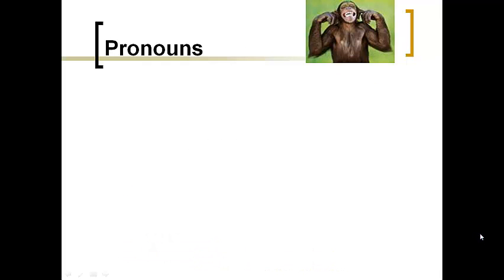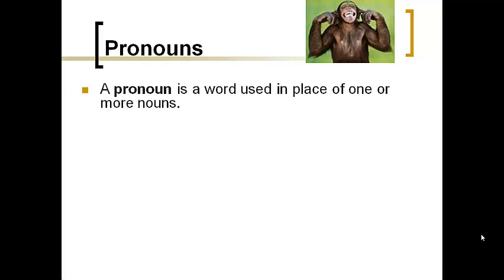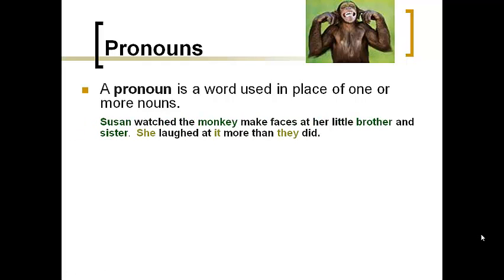You had a week of pronouns last year, so again, this is just a quick review so that we're all on the same page. A pronoun is a word used in place of one or more nouns. Example: Susan watched the monkey make faces at her little brother and sister. She laughed at it more than they did.